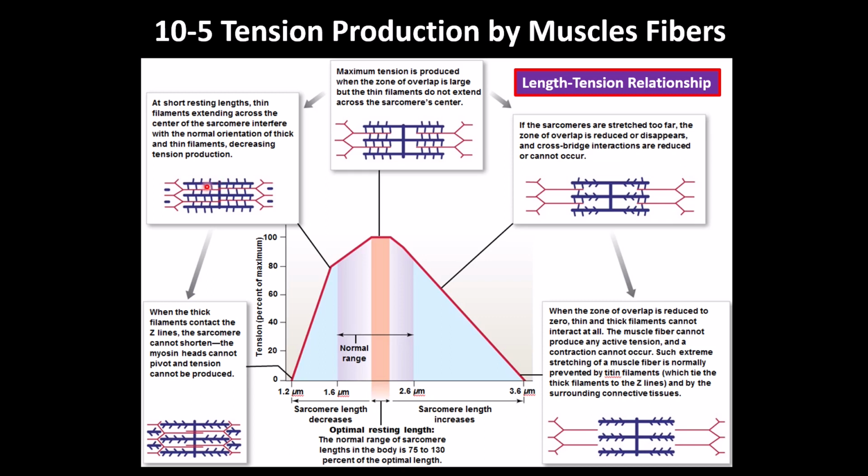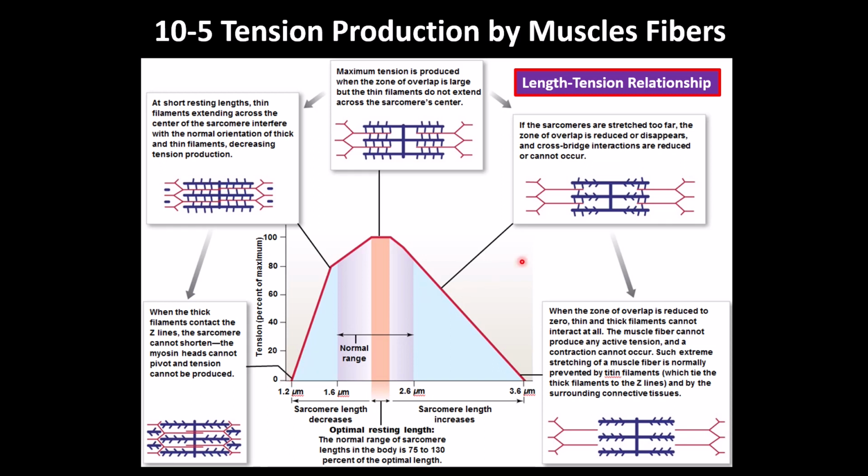So it can produce some tension, but not as much. Look at it here. The thin filaments are across the midline. There is no H zone there, so it cannot produce any tension here. For example, your muscle is totally contracted. It cannot produce more.